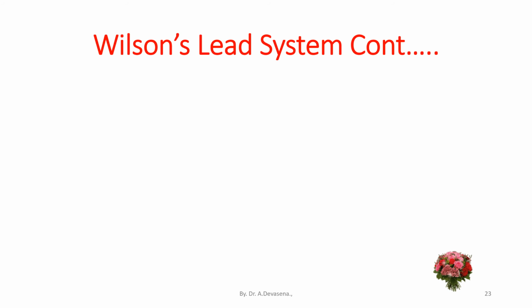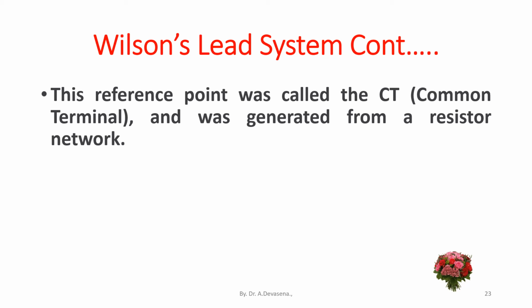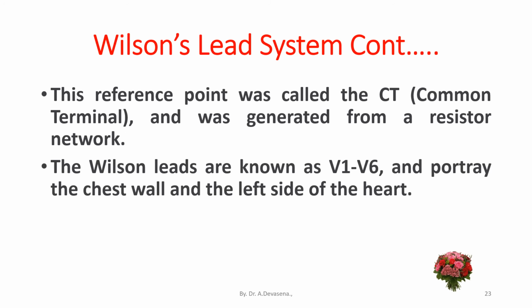This reference point was called the CT, that is common terminal, and was generated from a resistor network. The Wilson leads are known as V1 to V6 and portray the chest wall and the left side of the heart.